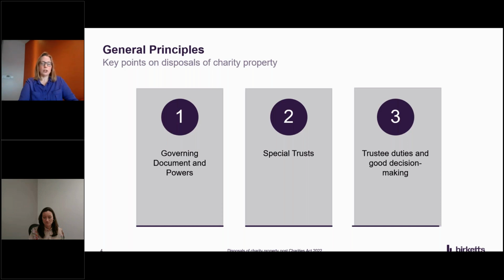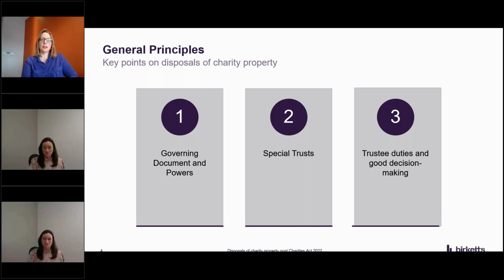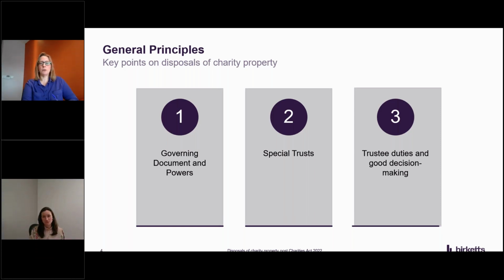Now, that doesn't mean that the Charity Commission is looking to you to make the right decision. It may not be as simple as that. The idea is that trustees should come to a reasonable decision, which a reasonable board of trustees would come to. And so we always recommend that good written records are kept of good decision making.